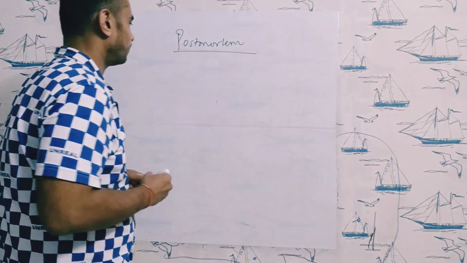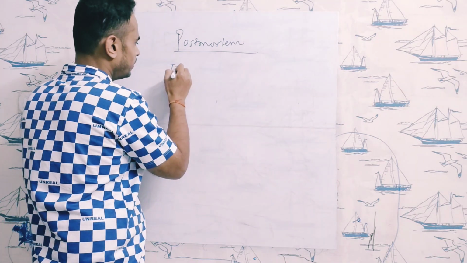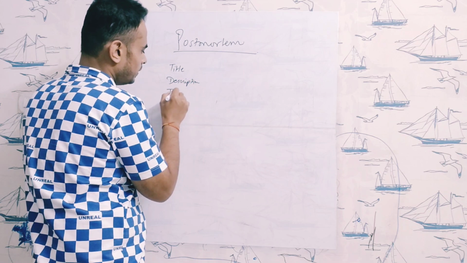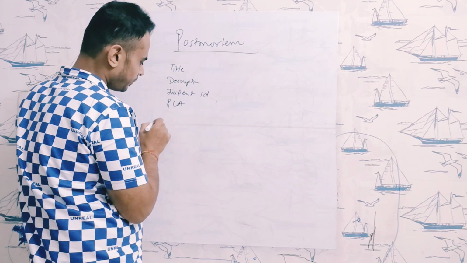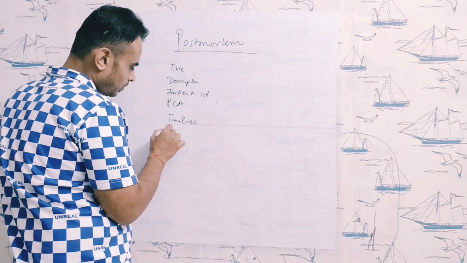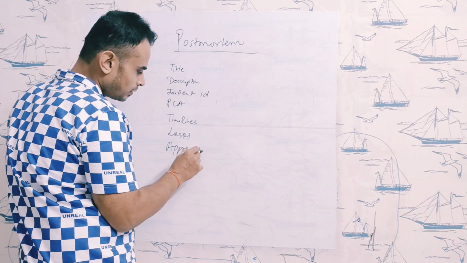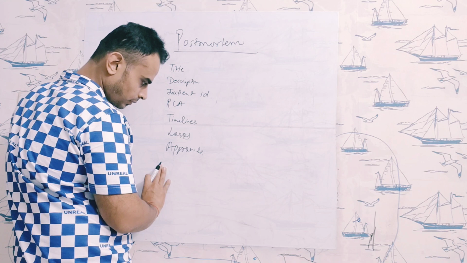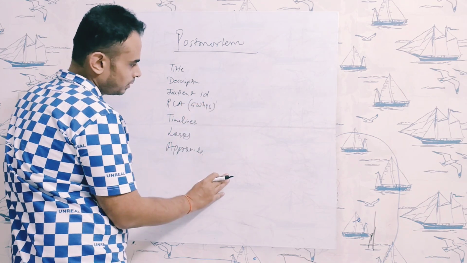But the important fields which we need are, let's say, title, description, incident ID, RCAs, timelines, losses, approvals, and maybe 5 whys is best.